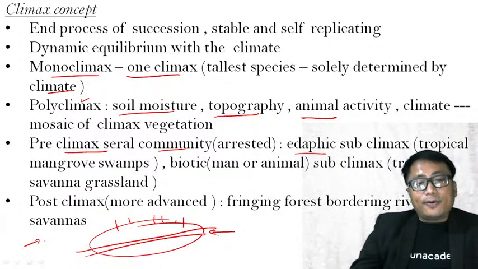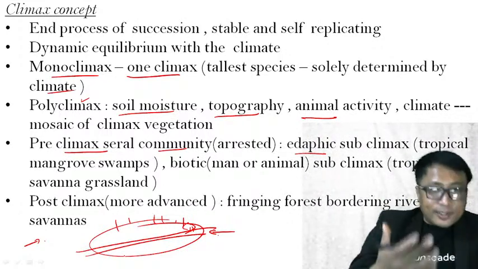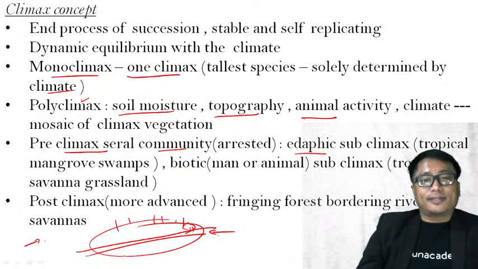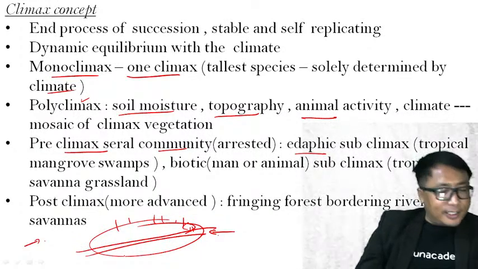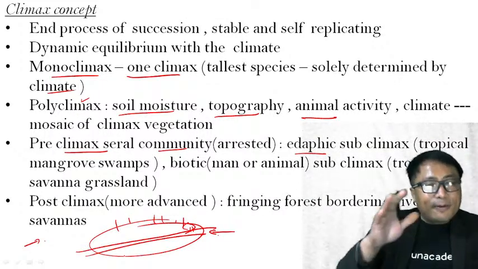Since now the moisture is also available, the trees will be there, which means more advanced than the other surrounding area which is surrounded by grass. Such kind of a vegetation or region is known as post-climax, or in a more advanced stage.